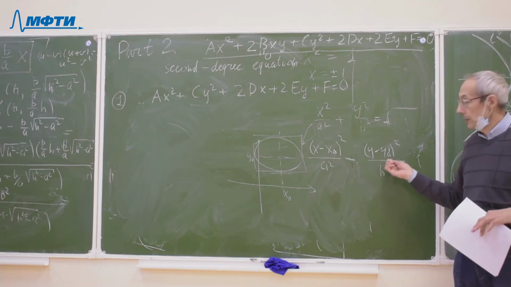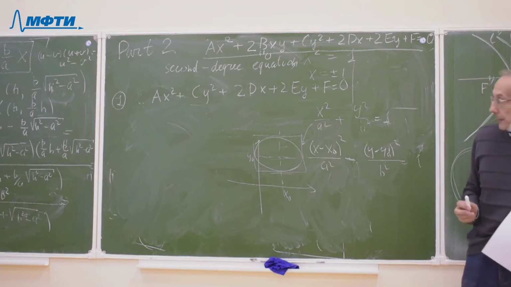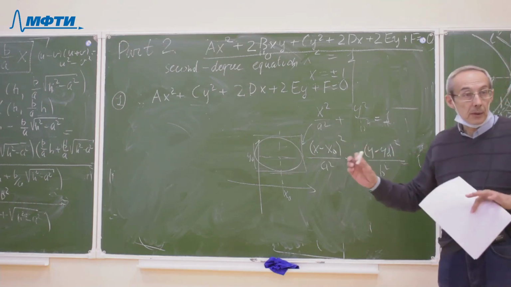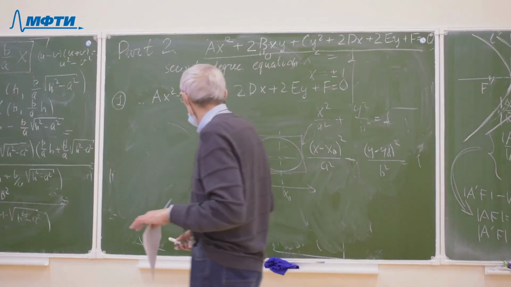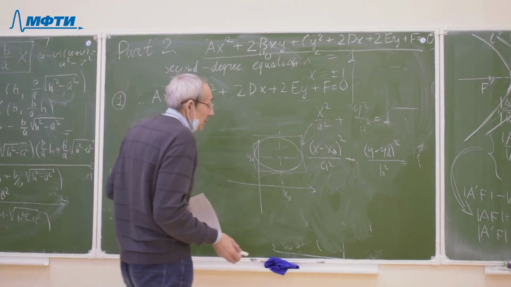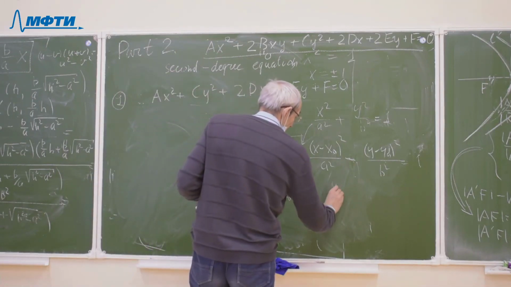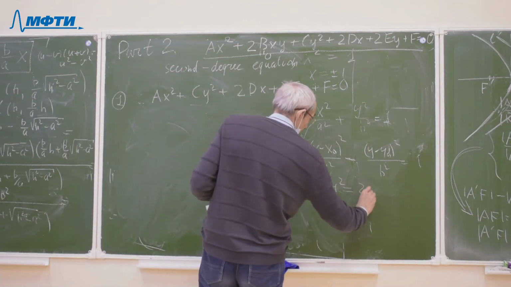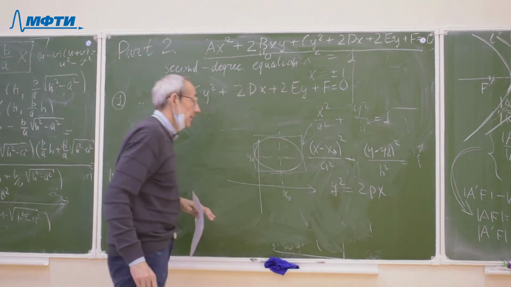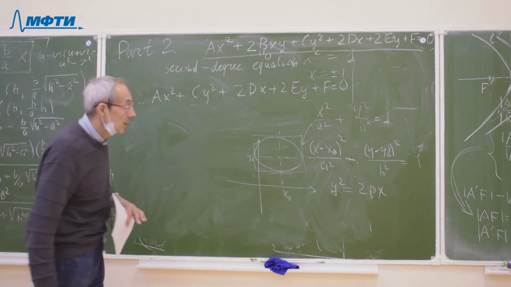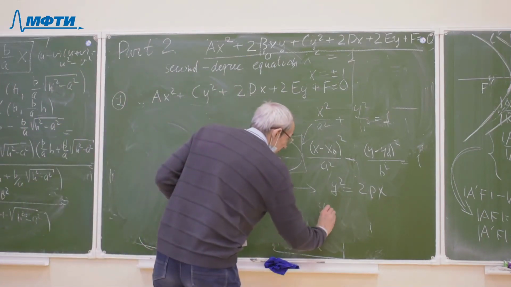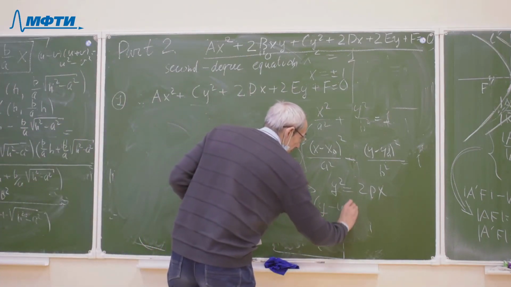And x0, y0 are the coordinates of the center of the hyperbola or ellipse. In the same way, we obtain the equation of the parabola. The canonical equation is y squared equal to px, and the shifted equation has the following form.